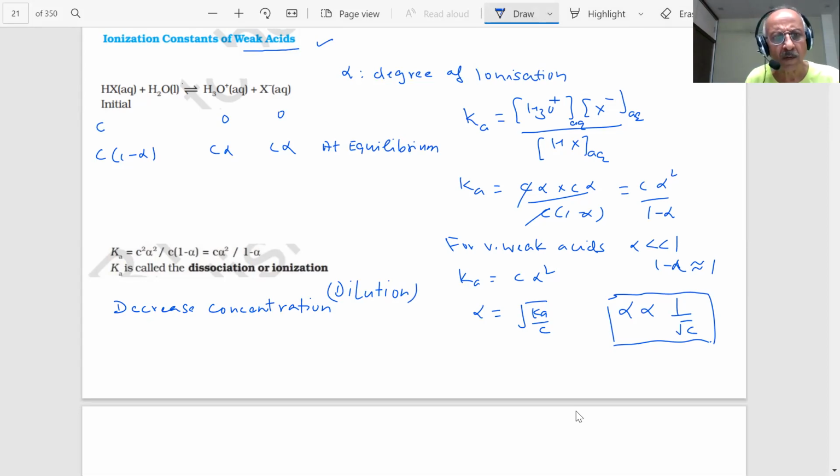It will increase. Alpha increases by what factor? By the square root of C factor. So alpha increases as you add more and more water.